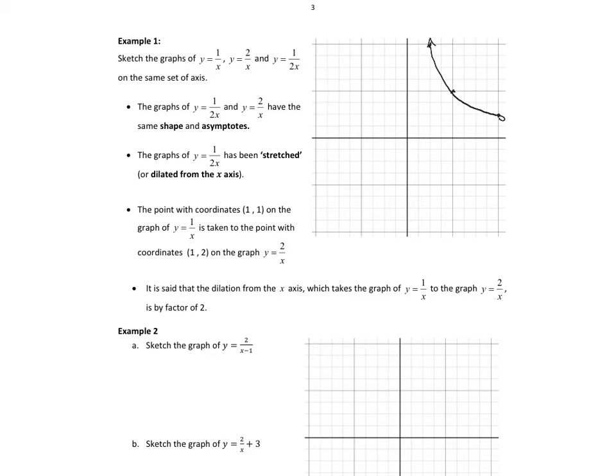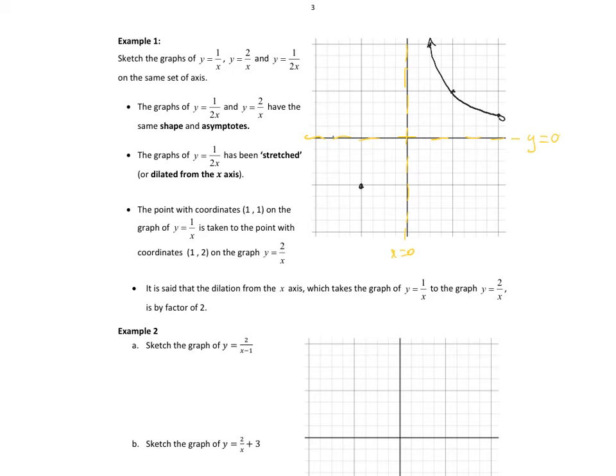Probably is a good habit. We should get in the habit of putting our asymptotes in straight away. Put the asymptotes in, x equal to 0, y equals 0. Okay, let's go back to 1 on x again. The point -1, it goes through there.